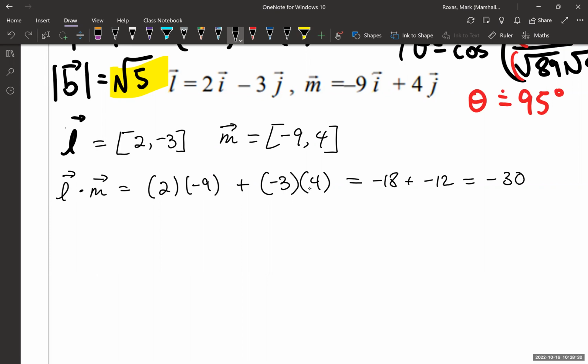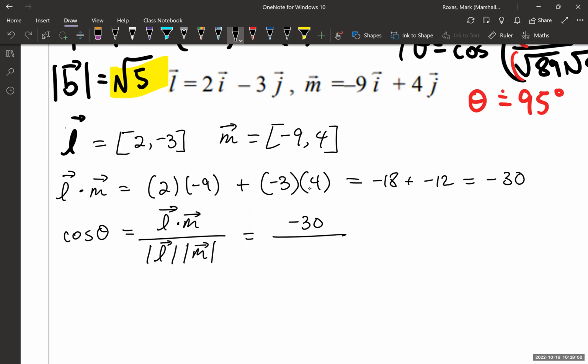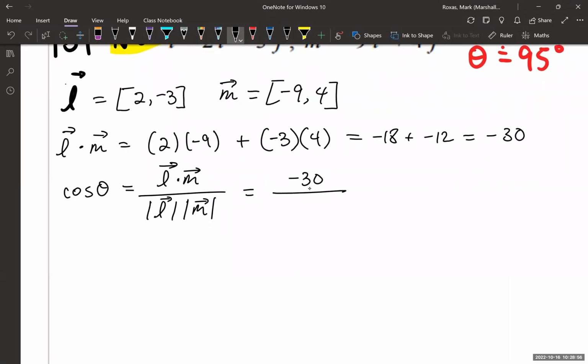Then the angle between them, cosine theta, is just going to be L dot M divided by the magnitude of L times the magnitude of M. Substituting our values, we have minus 30 on top. Then, what is the magnitude of L? What is the magnitude of M? I have to plug in those values, so I have to figure them out.